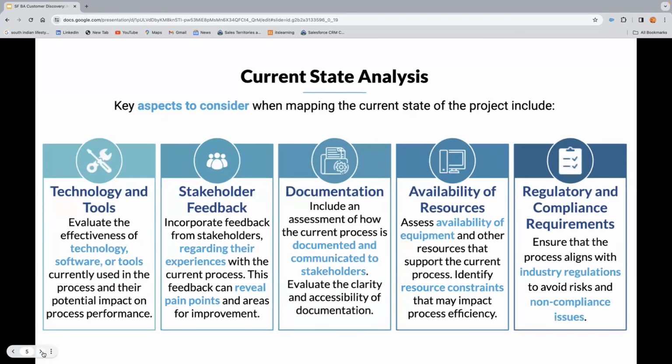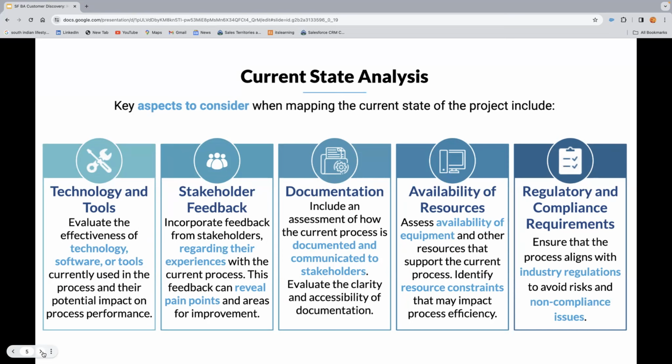The current state analysis key aspects to consider when mapping the current state of the project include technologies and tools. It evaluates the effectiveness of technologies, software, or tools currently used in the process and their potential impact on process performance. Stakeholder feedback: incorporate feedback from stakeholders regarding their experience with the current process.